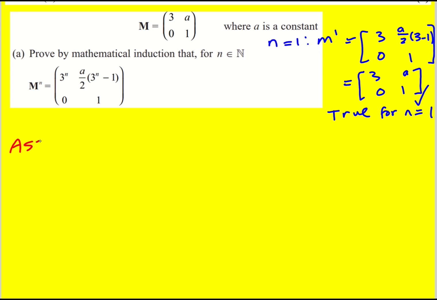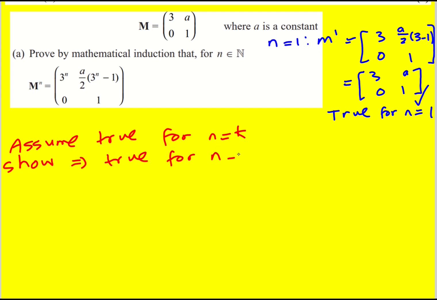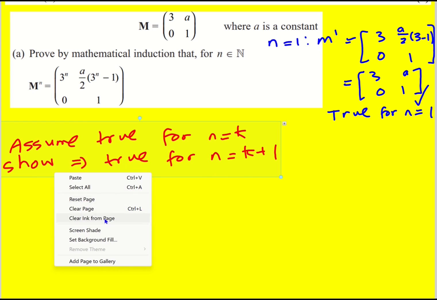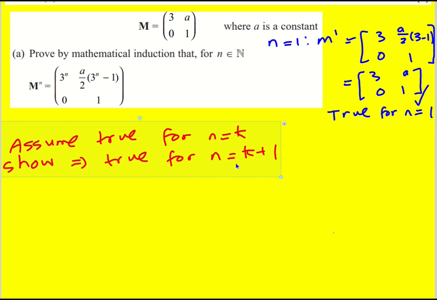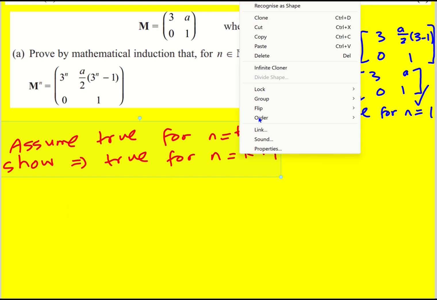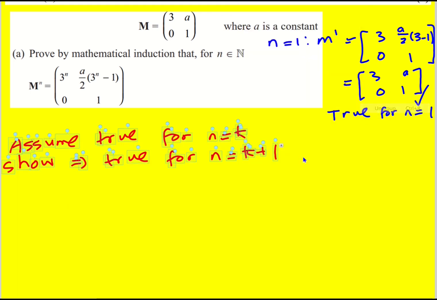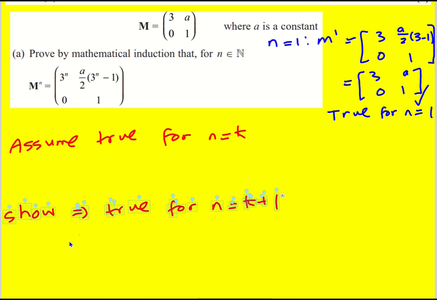Now assume true for n equals k, and show this implies true for n equals k plus 1. Actually, let me just separate that. Just write down the statement first.